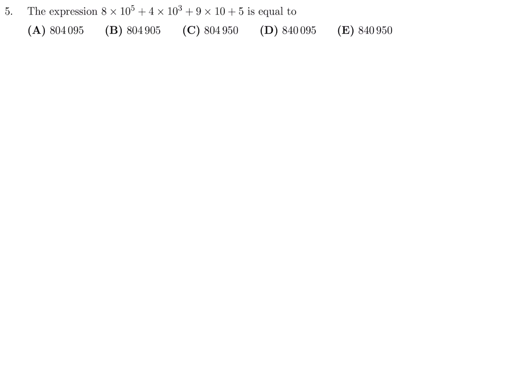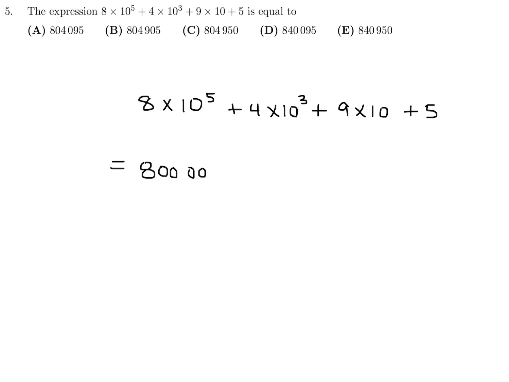The expression 8 times 10 to the 5th plus 4 times 10 to the 3 plus 9 times 10 plus 5 is equal to what? Well, 10 to the 5th is 100,000, so that would be 800,000 if you multiply by 8.